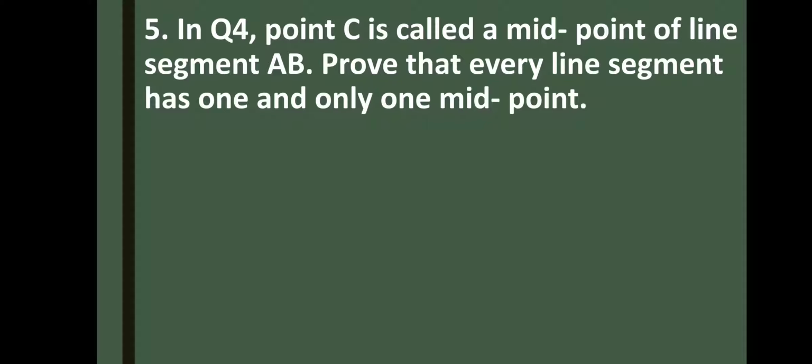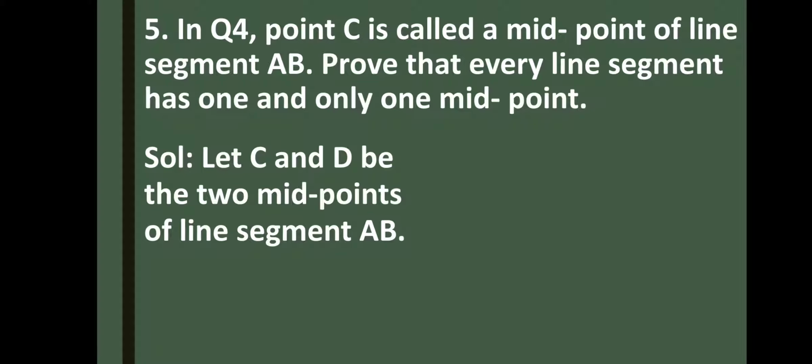In question 4, point C is called a midpoint of line segment AB. Prove that every line segment has one and only one midpoint. Now, let C and D be the two midpoints of line segment AB.